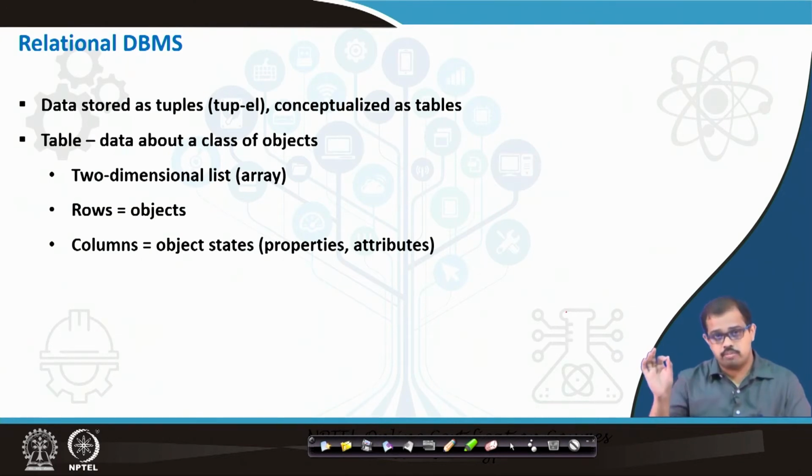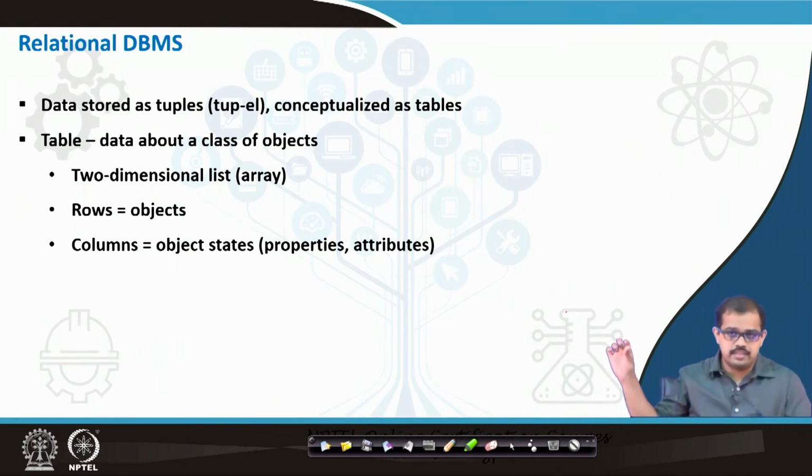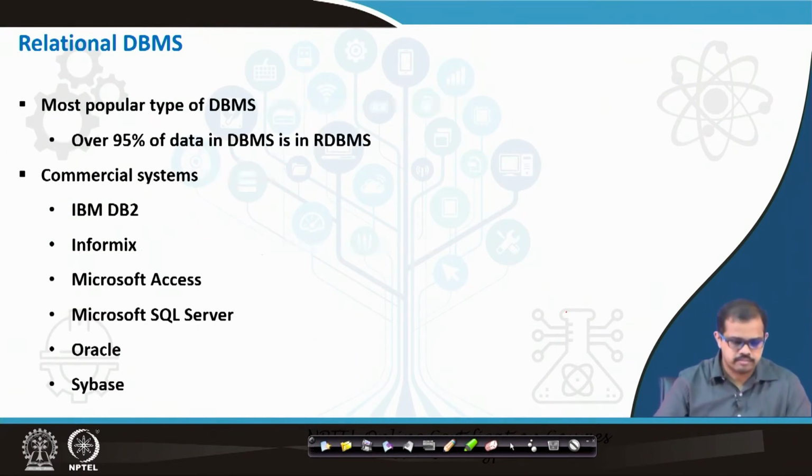Rows are nothing but objects, and columns are object states, that is the properties or attributes, which are called fields. So please remember this. When you have the object and the fields of that particular object, then it's called a tuple. So each of these rows is represented by an object, and each of these columns is represented by a field, so that is representing attributes.